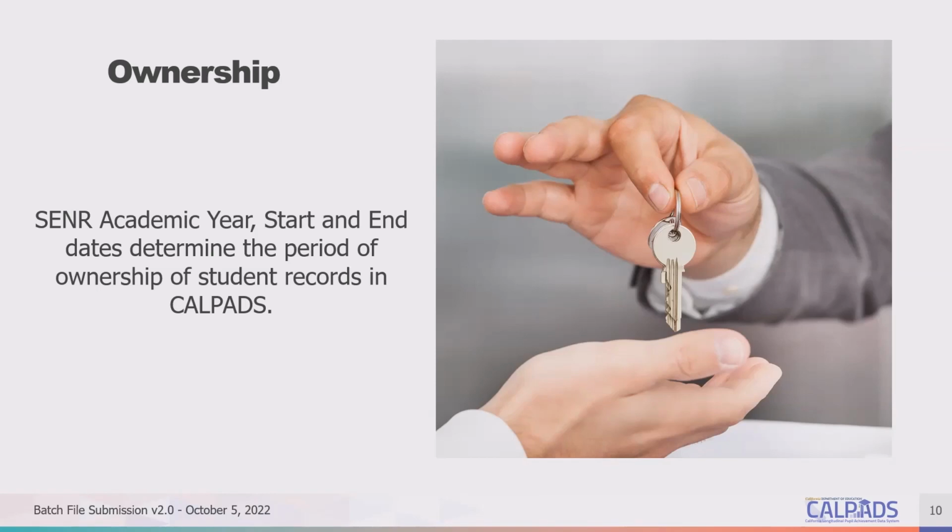Should you try to submit a student information or a student program record on 7/1/2022, you may trigger an ownership error because, again, ownership starts on a student's enrollment start date and ends on the end date. You own those records for an SSID so long as they are enrolled within your LEA.